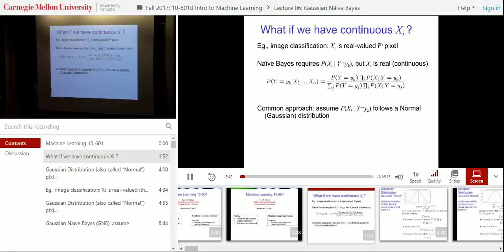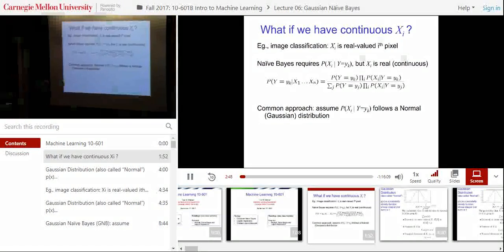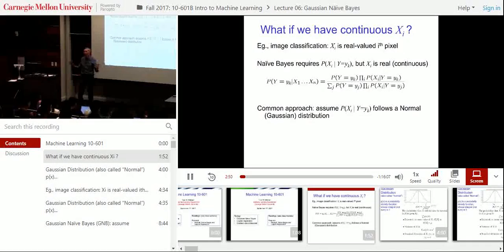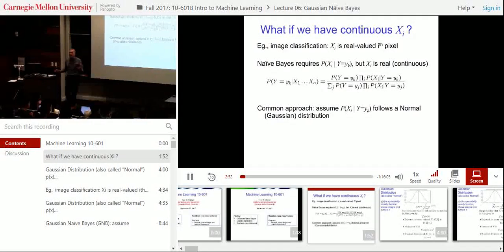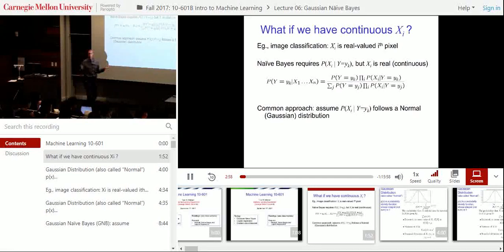Where I want to start today is, even though we talked about naive Bayes, we assumed so far that all the xi's would be discrete valued. Actually, we assumed they would be Boolean valued, that xi could just be 0 or 1.